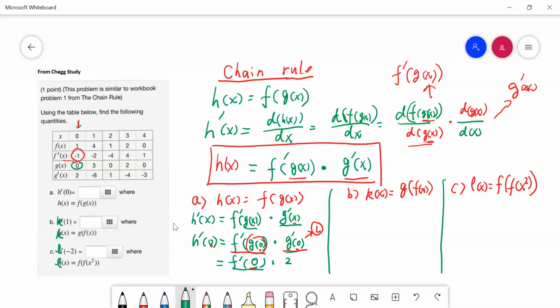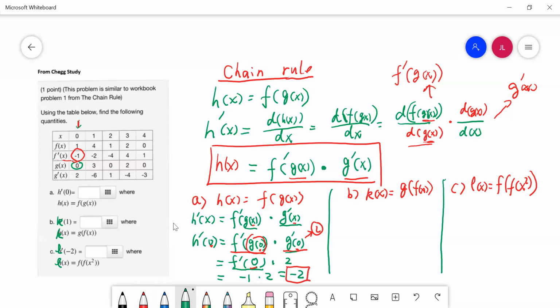So that's equal to negative 1 times 2. So now you can find this actually equal to negative 2. Let's box this one. This is for A.